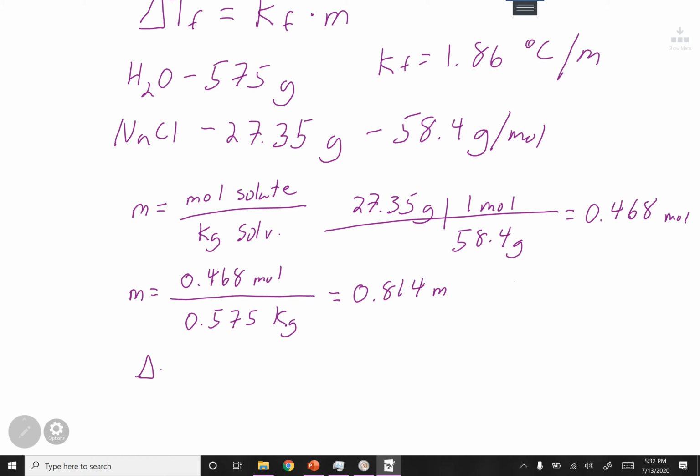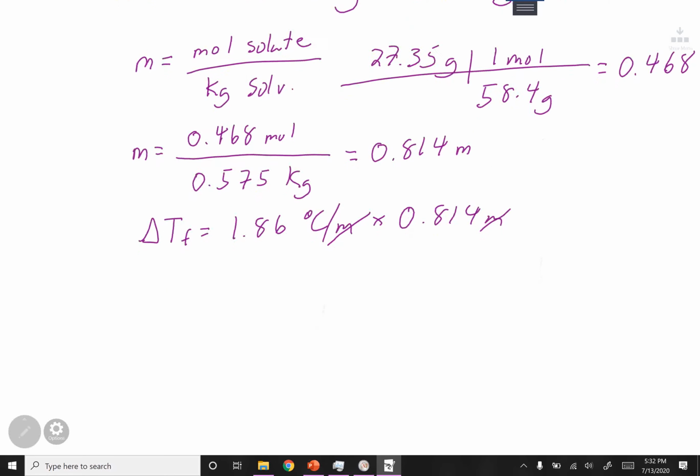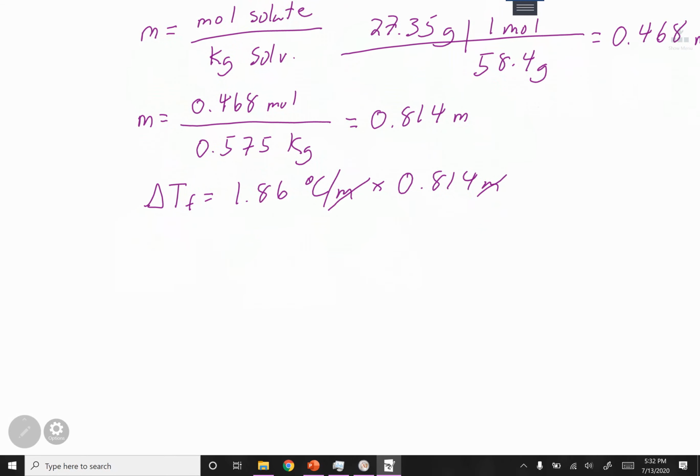Okay, so now what's left is to calculate delta T. So we'll just say 1.86 degrees C per molal times 0.814 molal, and molal will cancel with molal, and our delta T will end up being 1.51 degrees C. So the question asked us, what is the freezing point?